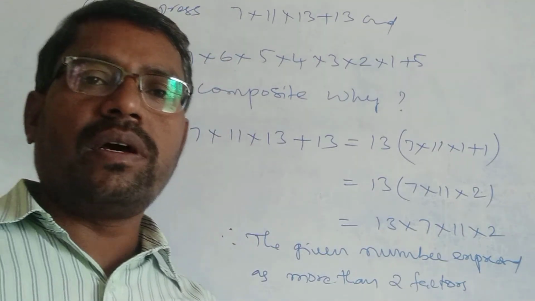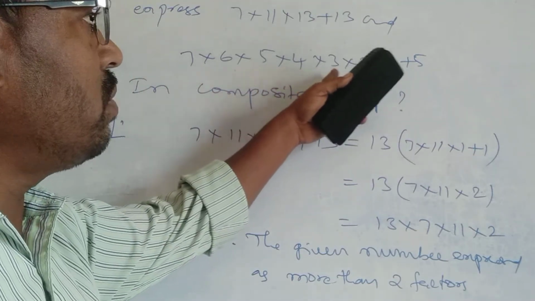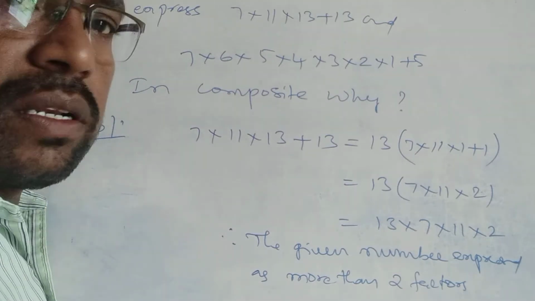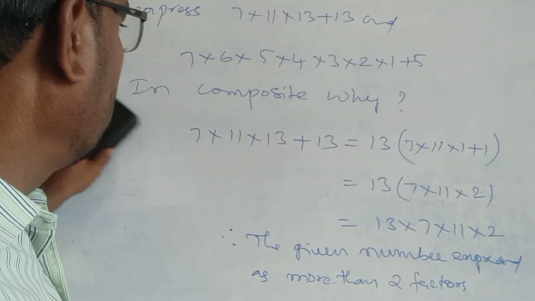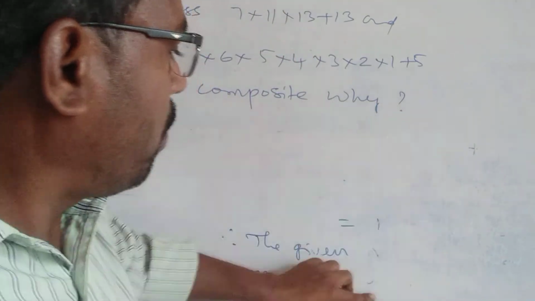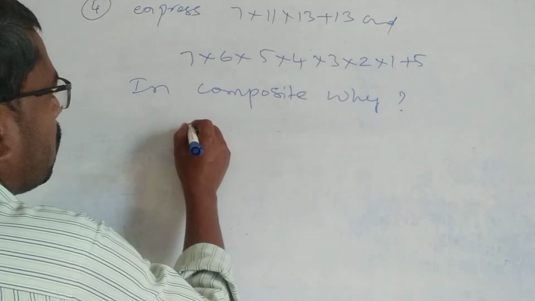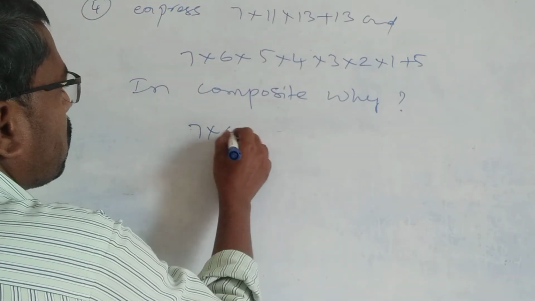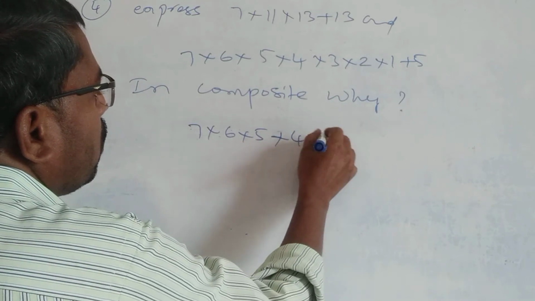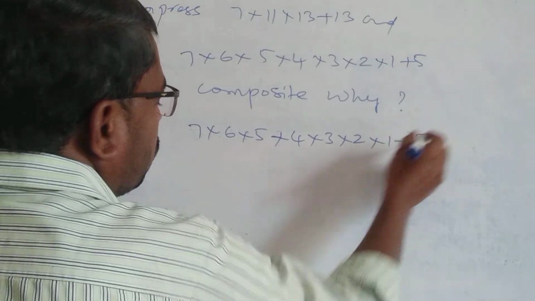Okay children. Now the second one, that is 7 into 6 into 5 into 4 into 3 into 2 into 1 plus 5. This also we can discuss. Same way we can write it. 7 into 6 into 5 into 4 into 3 into 2 into 1 plus 5.